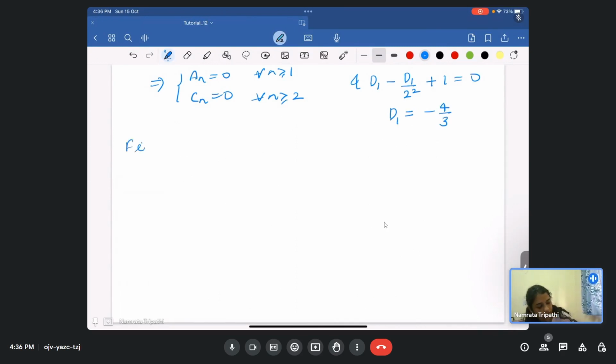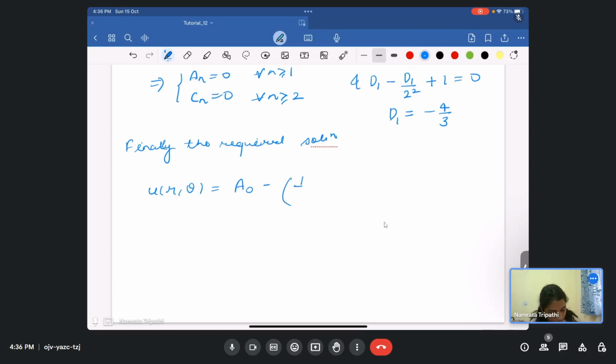Finally, the required solution we can write as a naught plus (1 by 3 r plus 4 upon 3 r) sin theta.